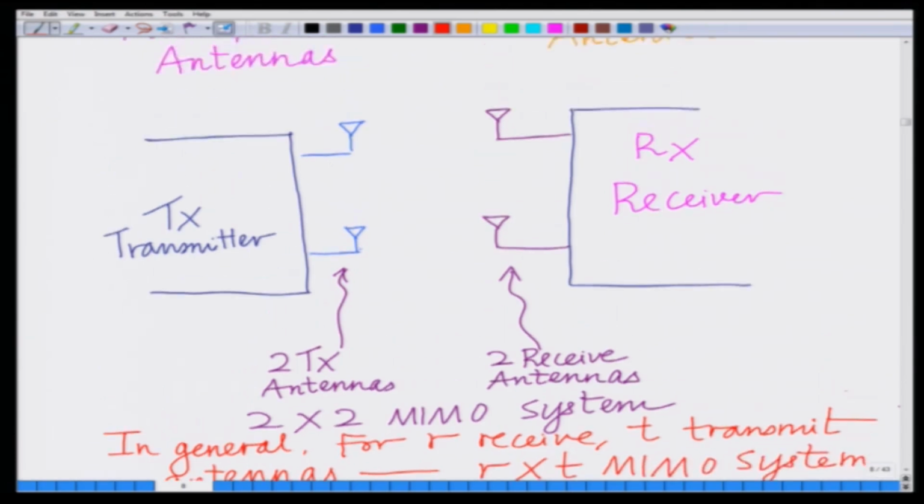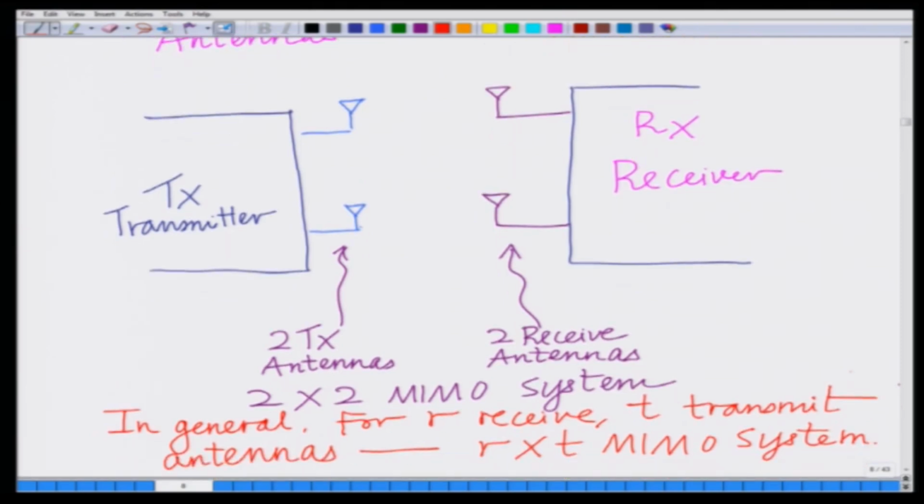So here we are considering a 2 cross 2 MIMO system, and let us denote the transmit antennas by T1, transmit antenna 1, T2, transmit antenna 2, R1, receive antenna 1, R2, receive antenna 2. Alright.